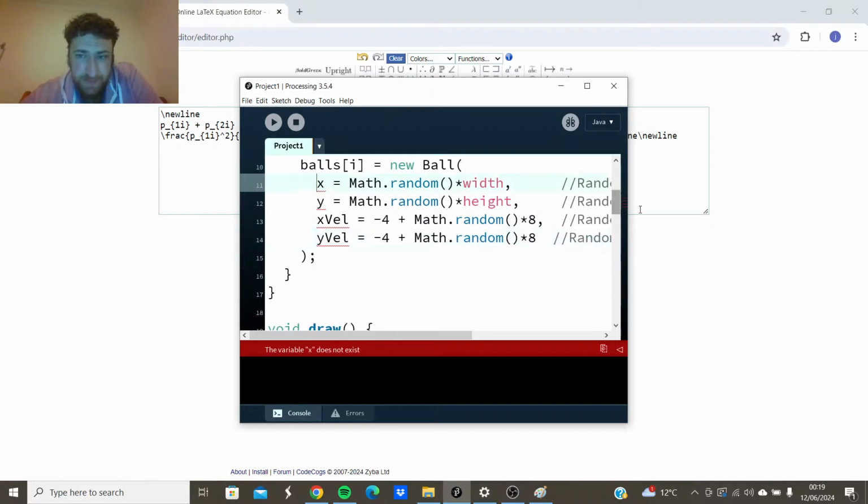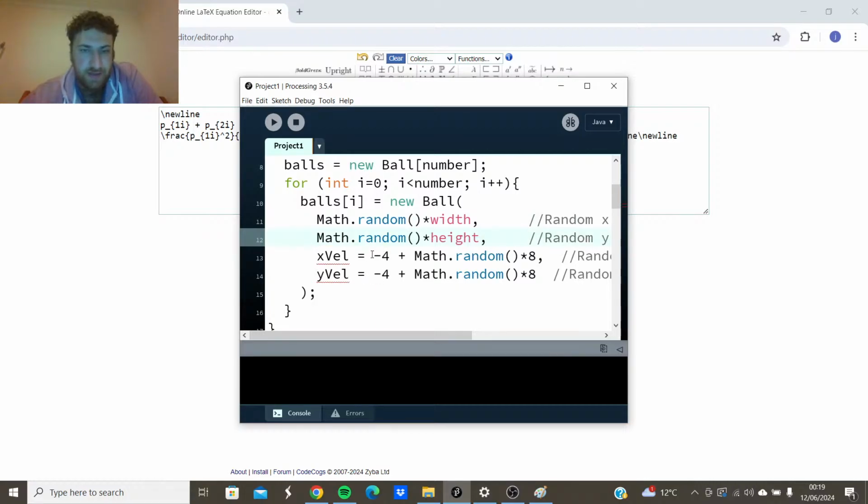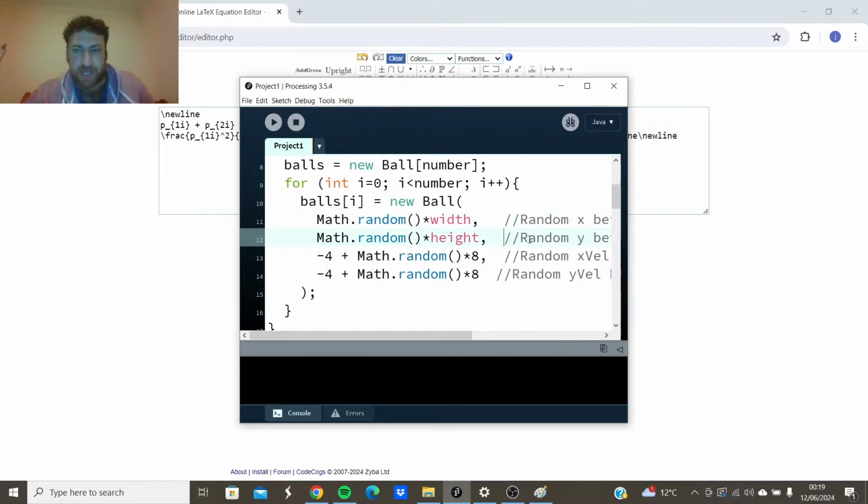Now there does seem to be some minor issues. Yes, we also don't want these X, Y values, etc. We're just plugging things directly in as arguments. So hopefully this just works, and also we'll make everything in line again.